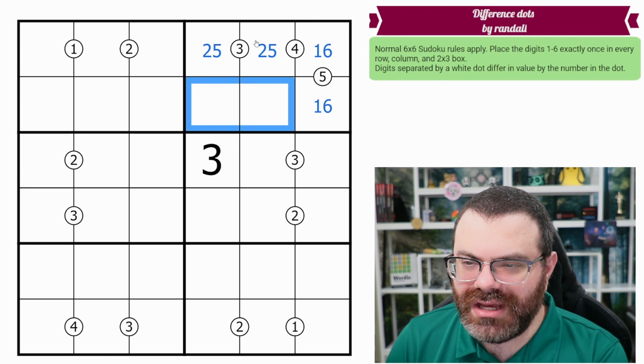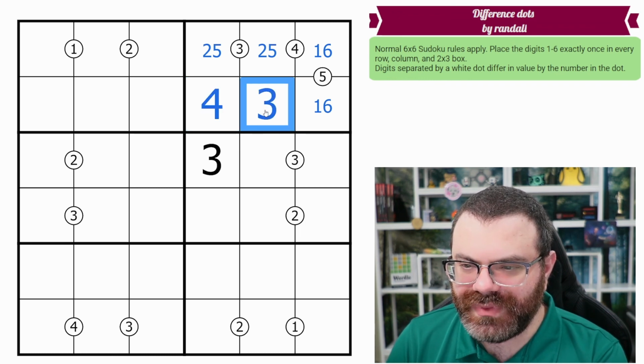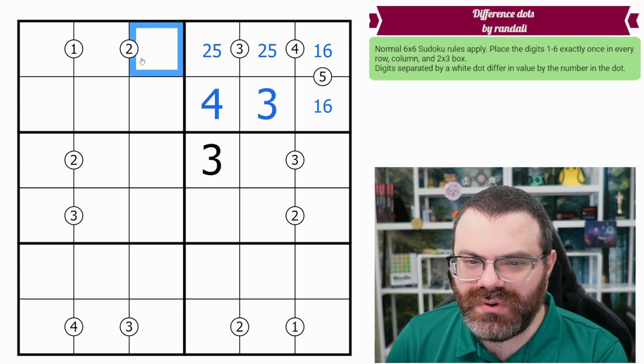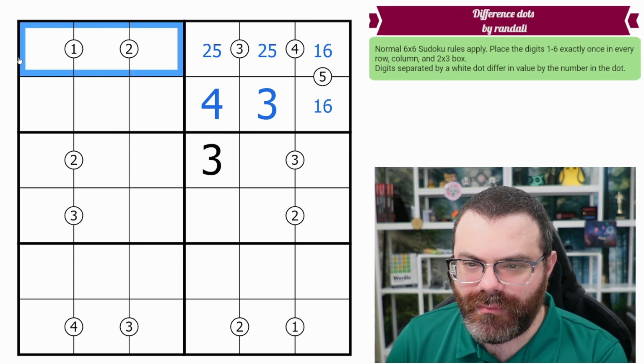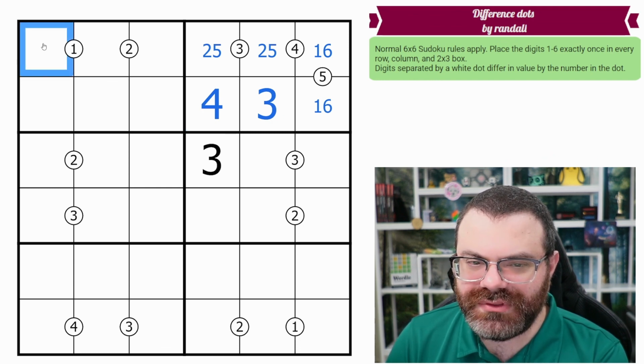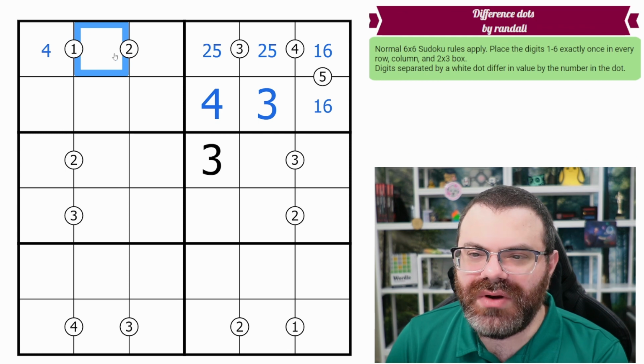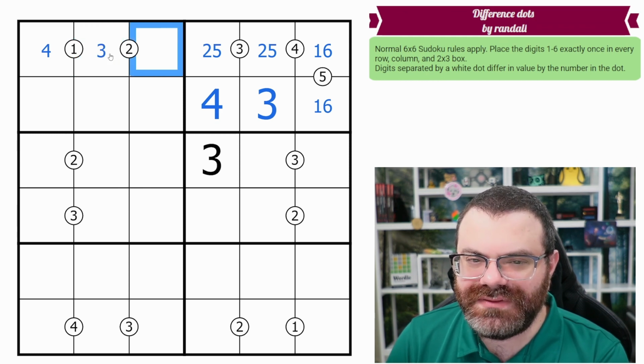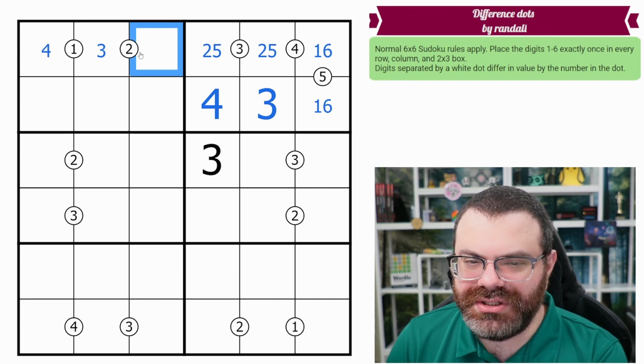So other than 1, 6, and 2, 5, we need 3 and 4, and we know the order even. So I'm going to need a 4 and a 3 over here. If the 4 was here, we could not go up to 5, so we'd have to go down to 3, but then we'd have to go down to 1 because we couldn't go up to 5.